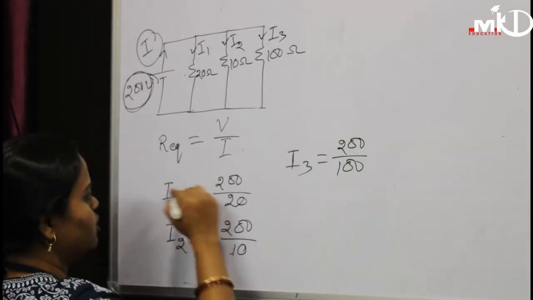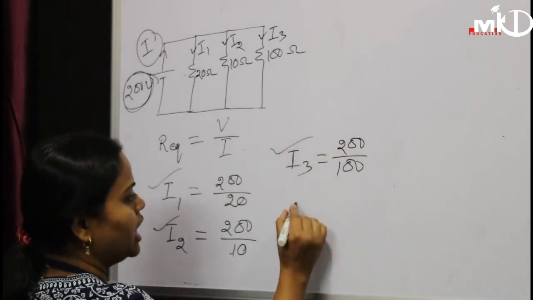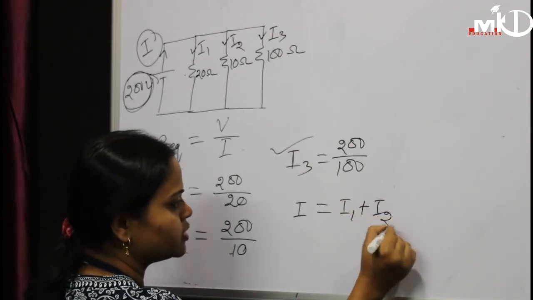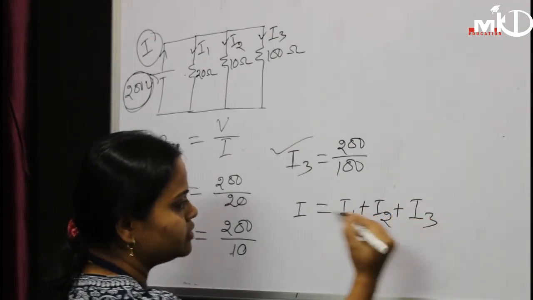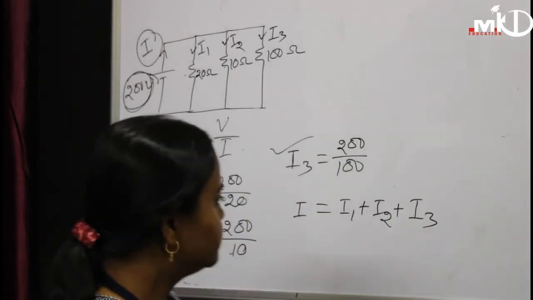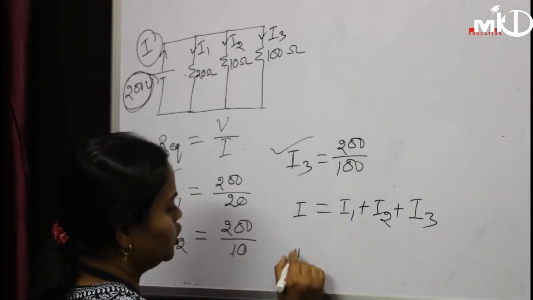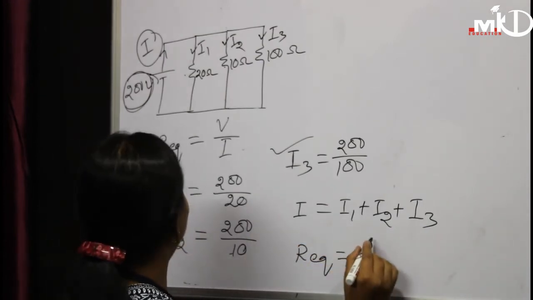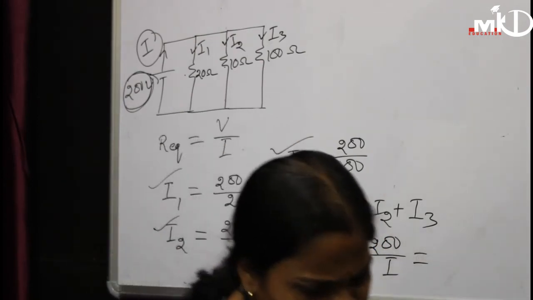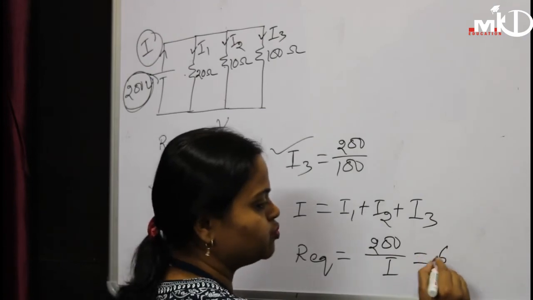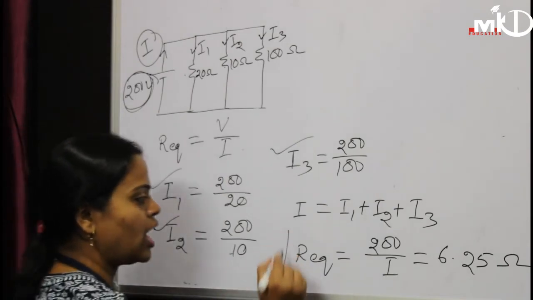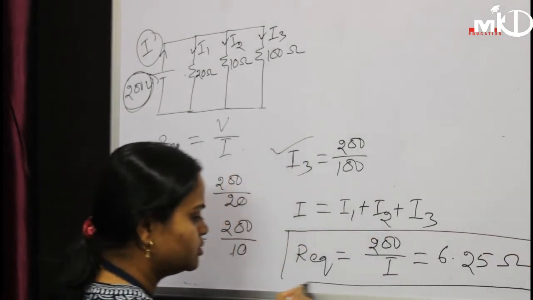Then after finding I1, I2 and I3, I can find I, that is equal to I1 plus I2 plus I3. Then R equivalent is equal to this 200 volt by total I, and finally the value will come out 6.25 ohm. This is the value of R equivalent of this circuit.